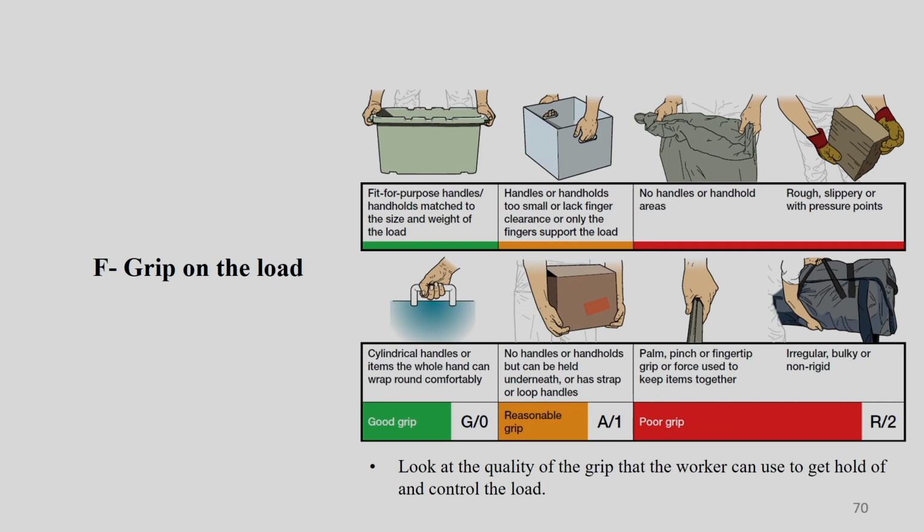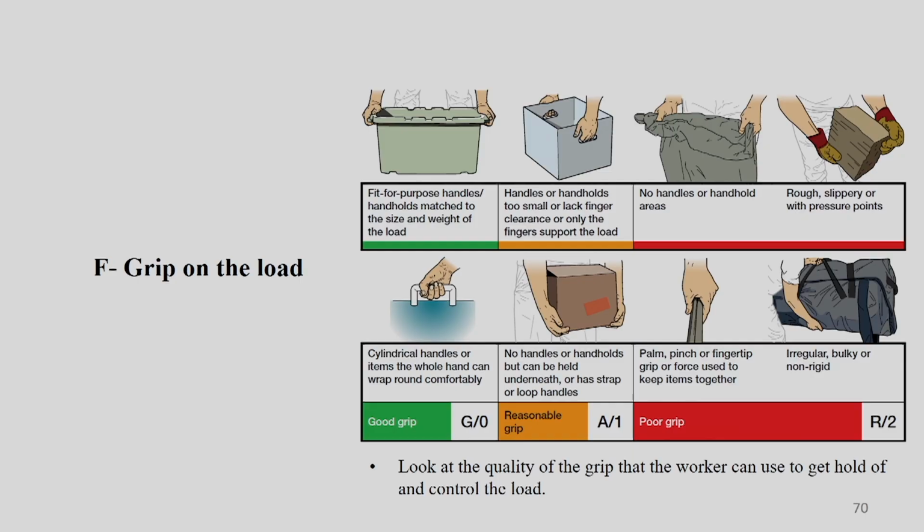Moving forward, grip. Grip is very, very important because we are talking about lifting, and in lifting without grip we cannot move ahead. So, we have a lot of varieties here. What we need to do is look at the quality of the grip that the worker can use to get hold of and control the load.